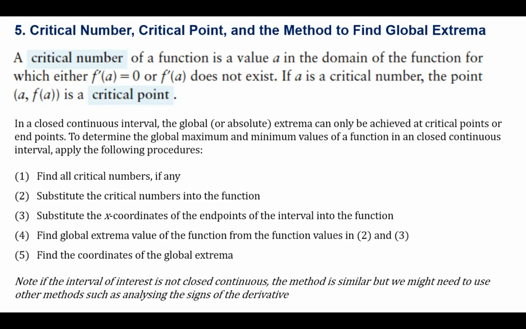Second, substitute the critical numbers into that function. Then substitute the x coordinates of the endpoints of the interval into that function. Then find global extrema values of the function from the function values in steps 2 and 3. Last, find the coordinates of the global extrema.